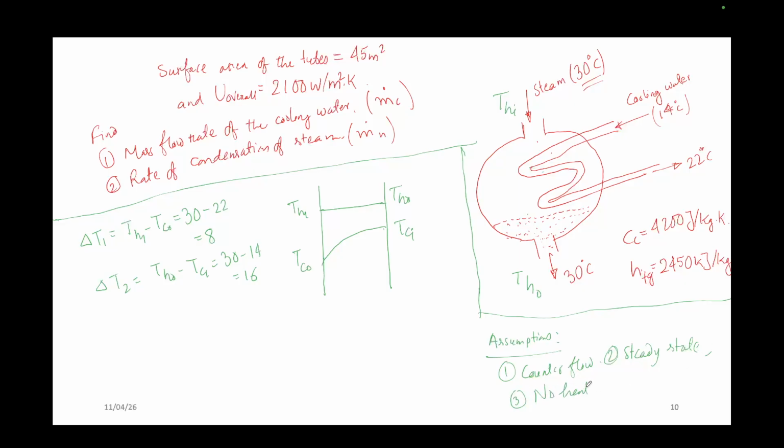Maybe many other assumptions are there, but write at least two, three. And properties are not changing with time. So both these del Ts are coming, so I can now find out LMTD, that is basically your del T1 or T2, whatever you want.